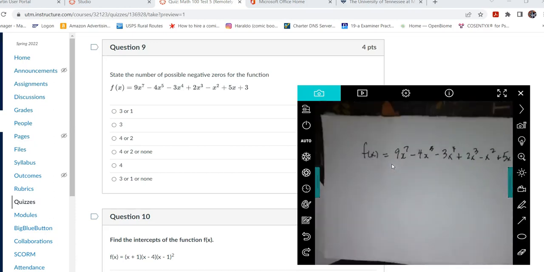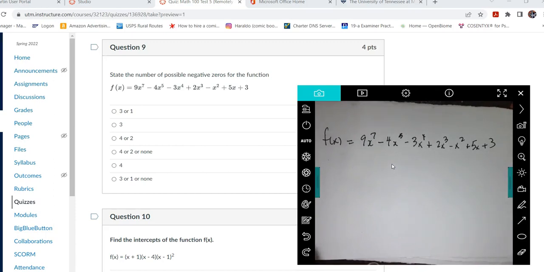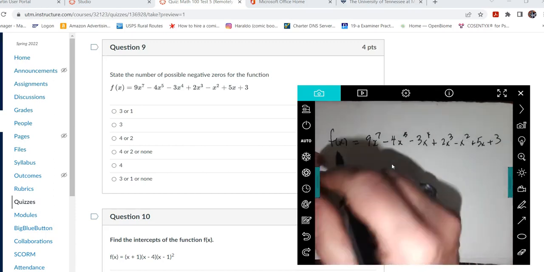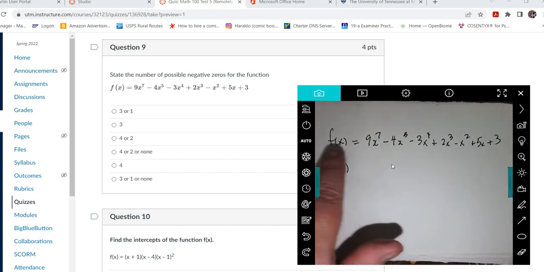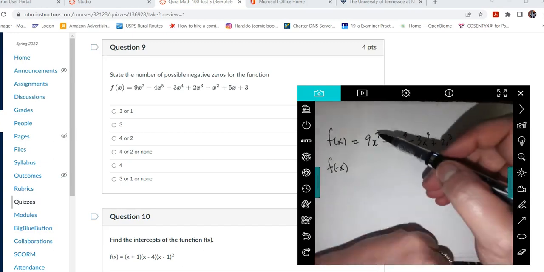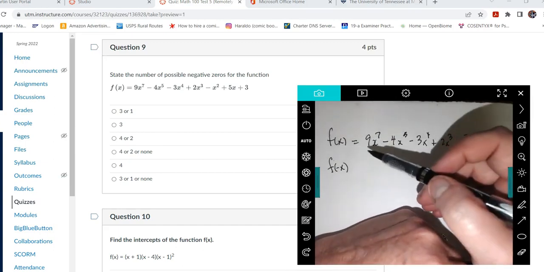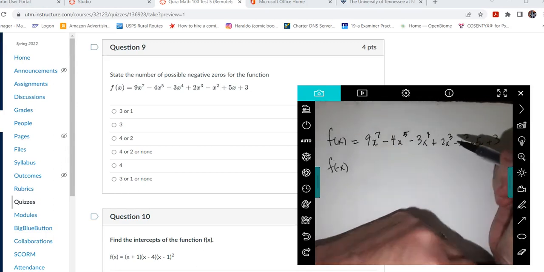Okay, so the first thing I have to do is get the formula for f of negative x. Now, we do not just go through here and change every sign. It does not work like that. If the power is odd, you change the sign. If the power is even, you do not change it.